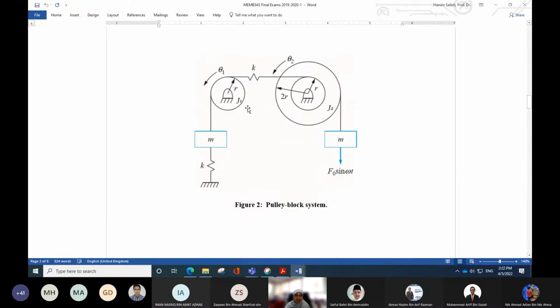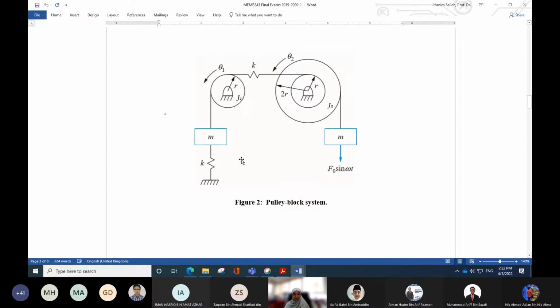So the springs are as normal springs. You don't have to consider the mass of the spring, which is always the assumption that we have throughout the course. But the pulley will experience pure rotation in this case, and that's why you have it in terms of theta 1 and theta 2.